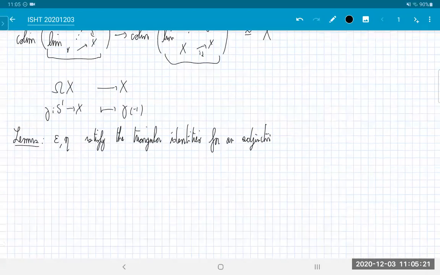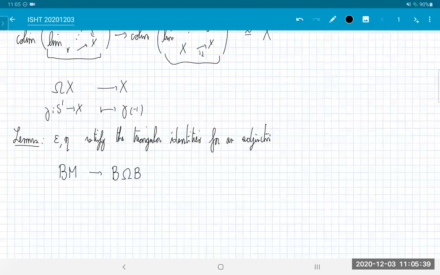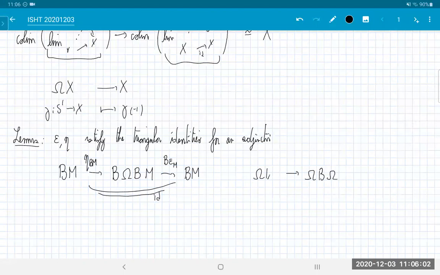Concretely, this means that I have Bn goes to B omega Bn, and this goes to Bn via B epsilon of n, and this is going to be the identity, and that's the other one. Oh, sorry, x.